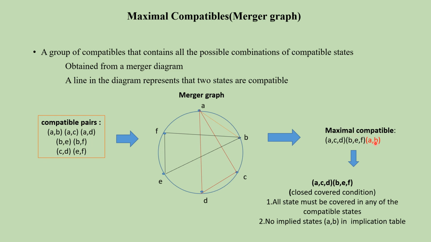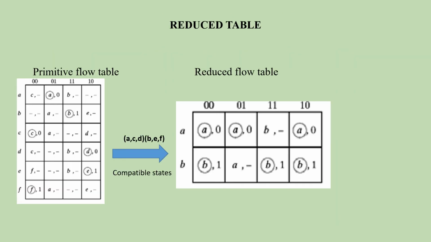If, let's say, we have C and F in this maximum compatibles, and that C and F is an implied state with the conflict in the implication table, that cannot be removed. So in that case, we have to consider that CF to be there in the maximum compatibles, right?